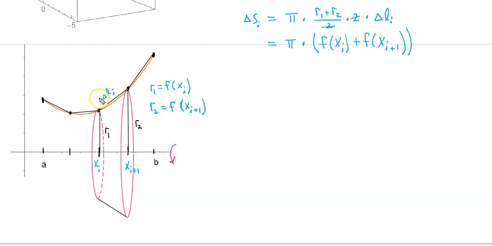Let's notice that this delta L term, well, notice if we form a triangle in here, let's call this distance delta x, and this distance right here we'll call delta y sub i.